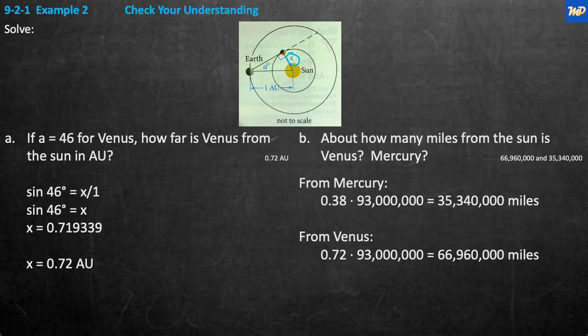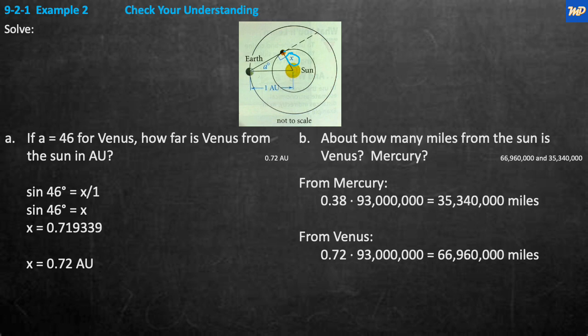We get the sine of 46 degrees equals x divided by 1, which is just x. So the sine of 46 degrees equals x. And what is the sine of 46 degrees? Well, it is 0.719339. And that's it. So x is equal to 0.72 AUs. So that's the answer there.